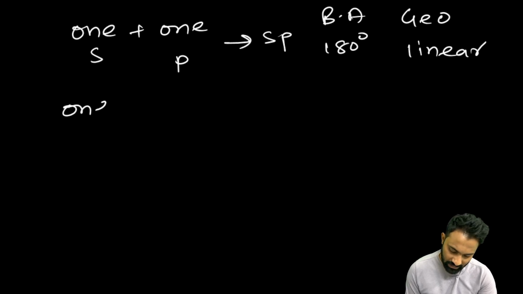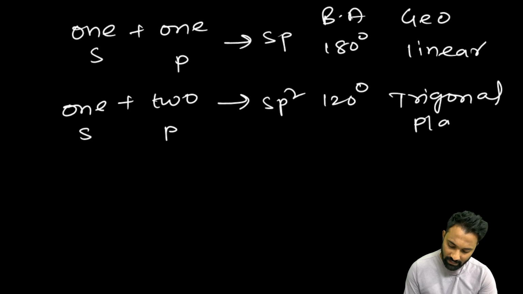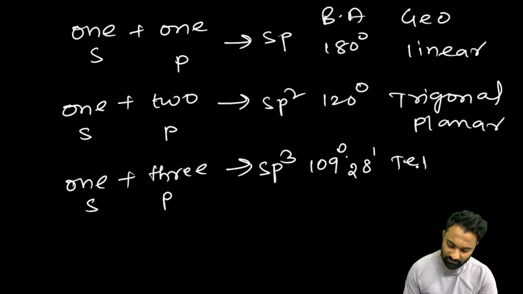Next, 1s 2p leads to sp2, bond angle 120 and geometry trigonal planar. Next, 1s 3p leads to sp3, bond angle 109 degrees 28 minutes and geometry tetrahedral.